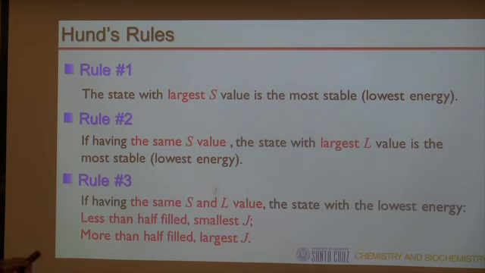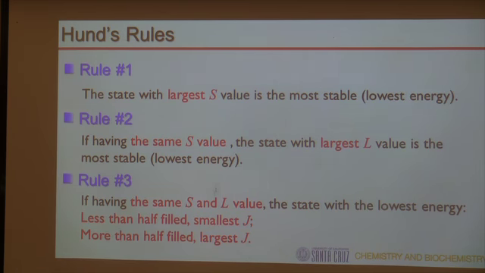Rule 3 says if the two have the same S and L values, say two 3P terms, they have the same L value and the same S value. How can I tell which one has the lowest energy?